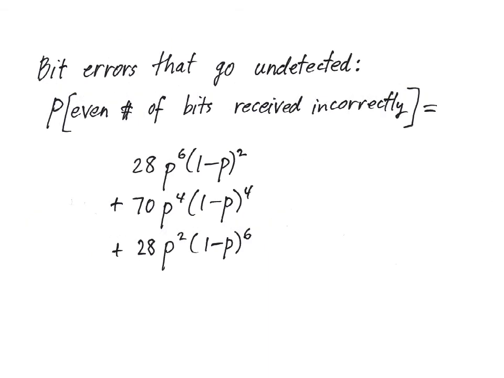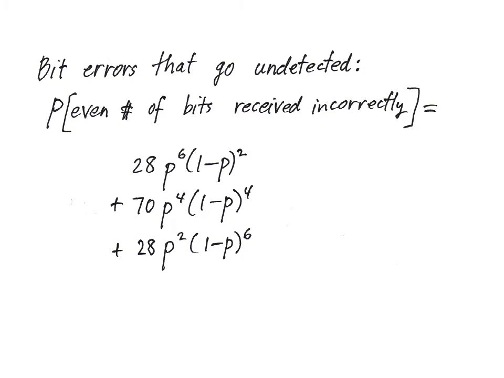Now, if there are an even number of bits incorrectly received, they will go undetected because the checksum, as it's called, will match the parity bit. And here I've calculated the number of ways that can happen. If there are 2-bit errors, there are 28 different ways that 2 out of 8 can be in error, 70 different ways that 4 out of 8 can be in error, and 28 different ways that 6 out of 8 can be in error.